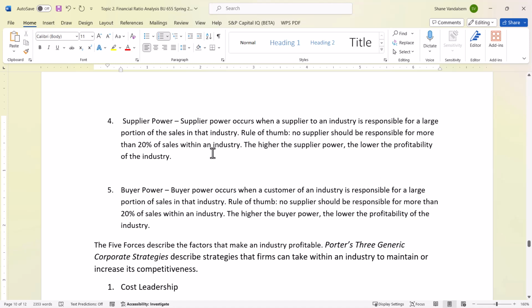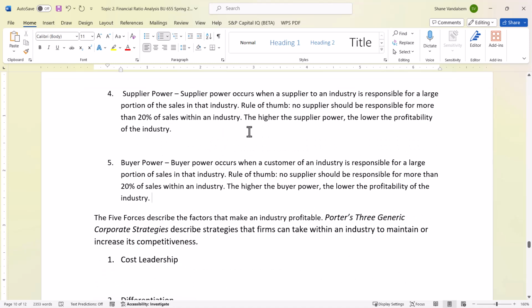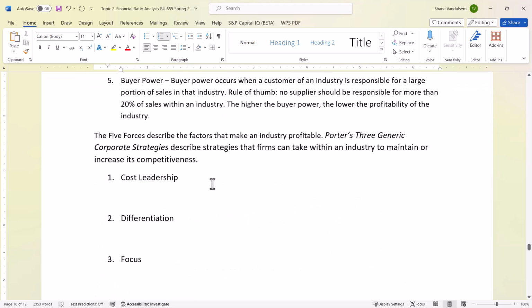I know a lot of companies ran into this problem with Amazon, for example. When Amazon decided to start competing against them directly, in a lot of cases, Amazon will have their own Amazon brand now. And as the buyer of those brands, directly competing against them really hurt a lot of companies in that way. So it's something to keep in mind as you analyze and look at companies.